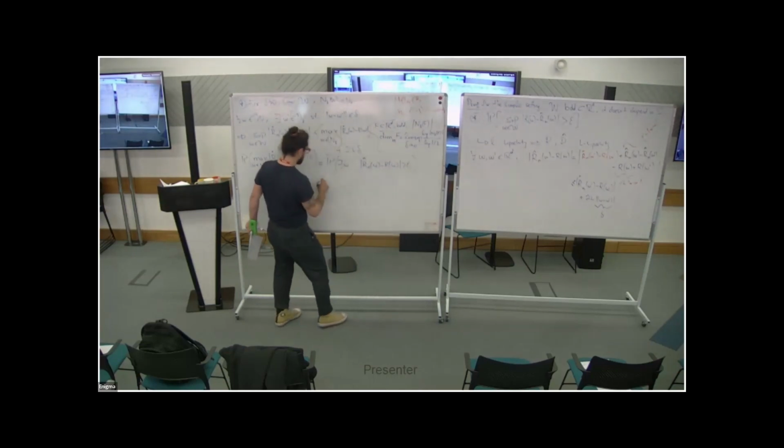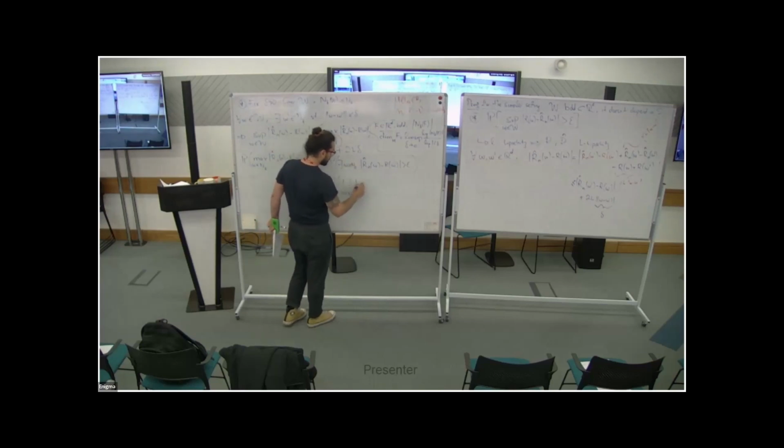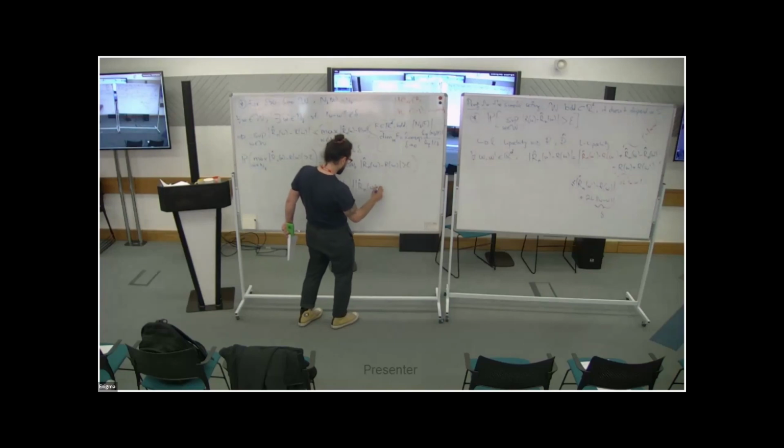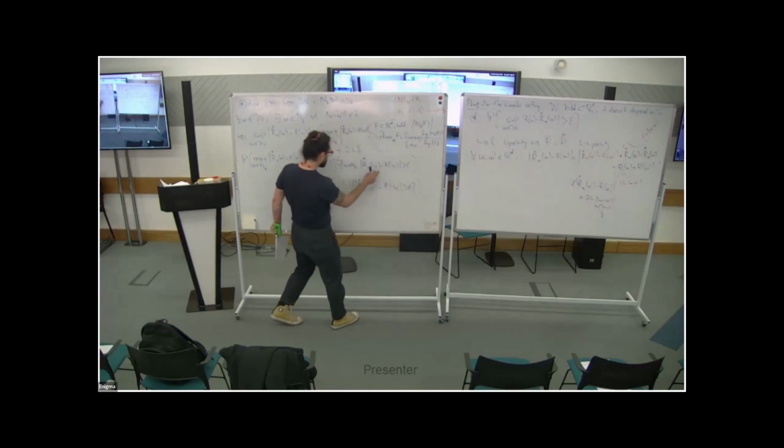This is equal to the union over W in N_delta. So the probability of the union of the events is larger than epsilon. Sorry. The probability of the union of these events is equal to this.